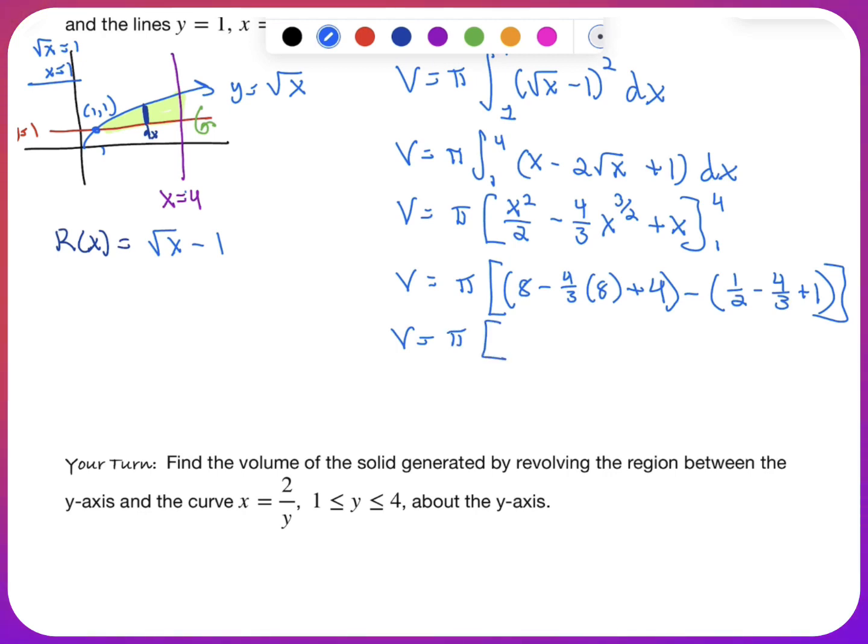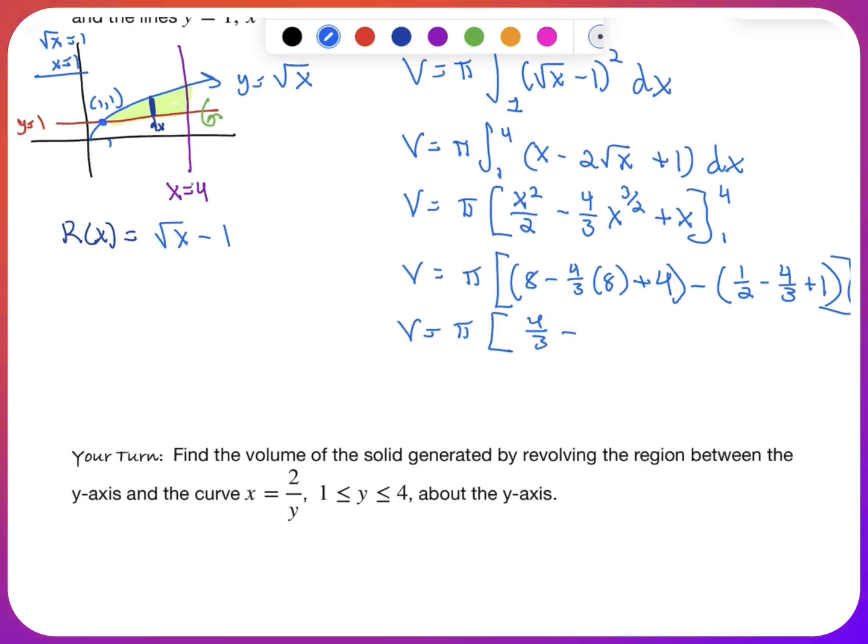All right, so 8 plus 4 minus 4/3 of 8 simplifies down to just 4/3. And 1/2 minus 4/3 plus 1 simplifies down to 1/6. And 4/3 minus 1/6 is 7/6. Therefore, our volume is equal to 7 pi over 6.